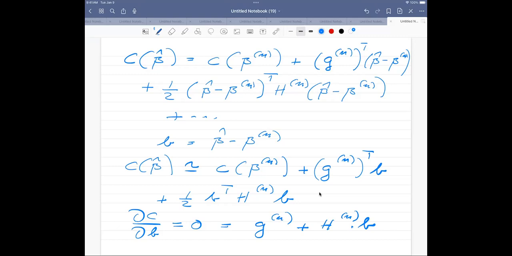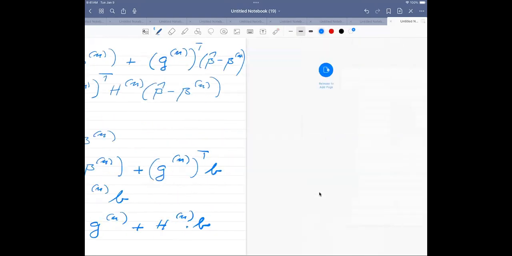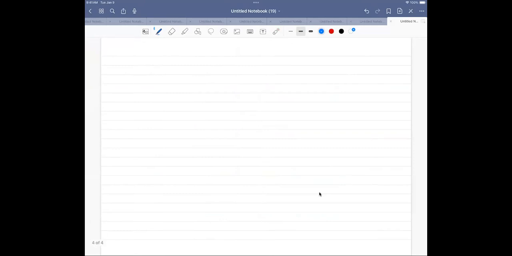And what we do then, when we now remember what this B is, since this B is given by this expression which you see here, we can rewrite this equation in the following way. So if we take this expression and rewrite it, we can isolate beta, the optimal one, and we are going to call this n plus 1.